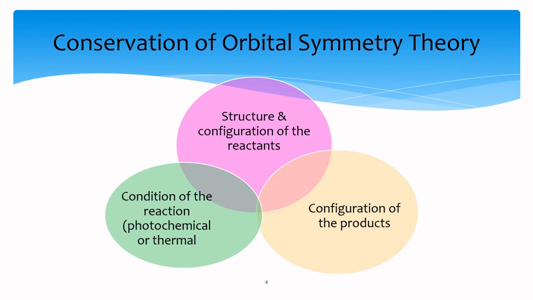Then we have the condition of the reaction, either the reaction is done photochemically or thermally. The structure of the reactant plus the condition of the reaction will influence the configuration of the end product, meaning the product is highly dependent on the condition and also the configuration of the reactants.